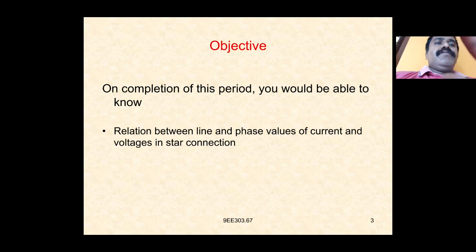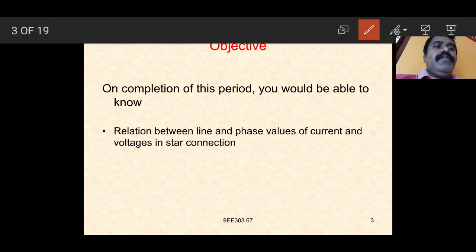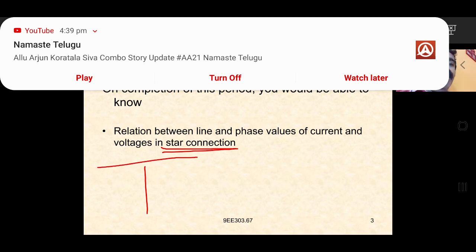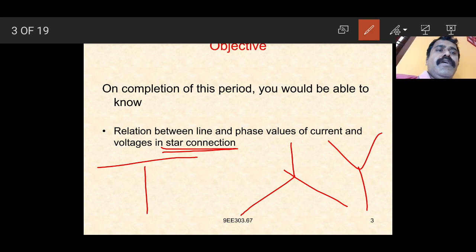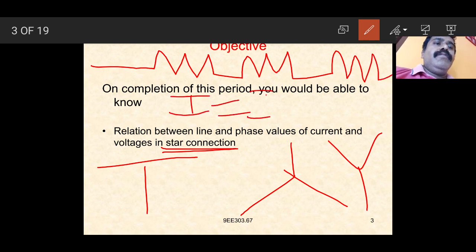We can express the star connection as a T connection or Y connection. It is again a series connection, where the resistances are connected in series, so the currents are equal, that is I is equal to I1 is equal to I2.